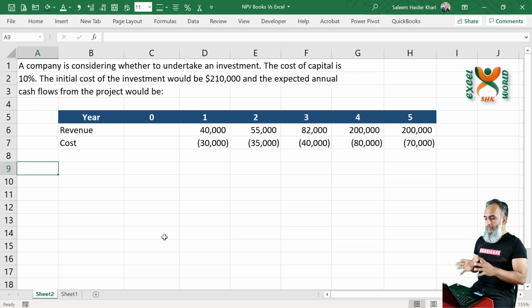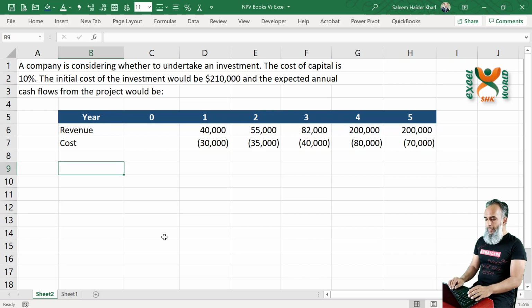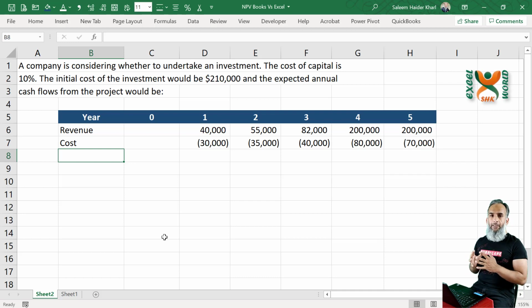So guys, this is the file we are going to use for today's exercise. You can download this file from the link given below in the description. In this example, the company wants to take an investment which has an initial investment cost of $210,000 and we are given the 5 years of cash flows. Remember we talked about the cost of capital, which was the interest amount in our intro.